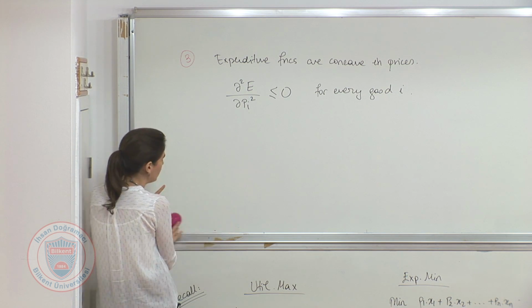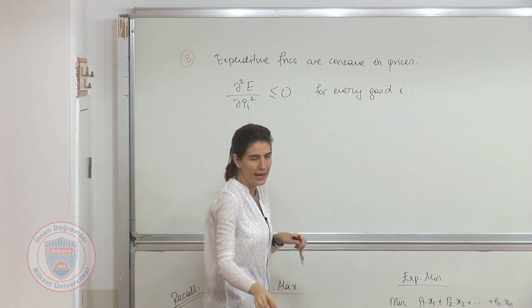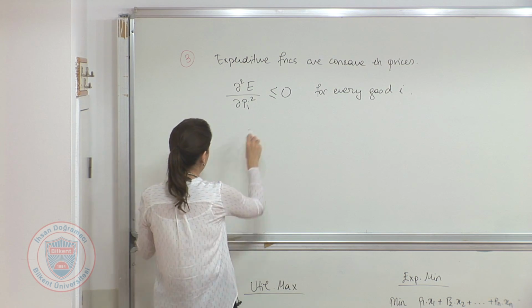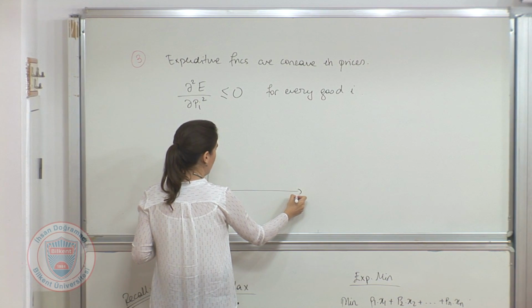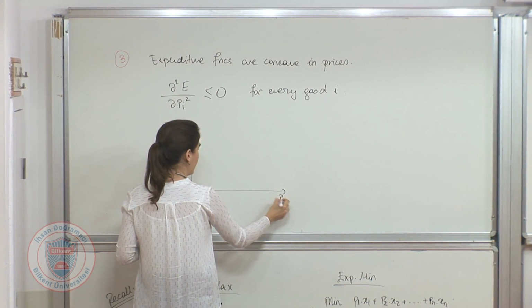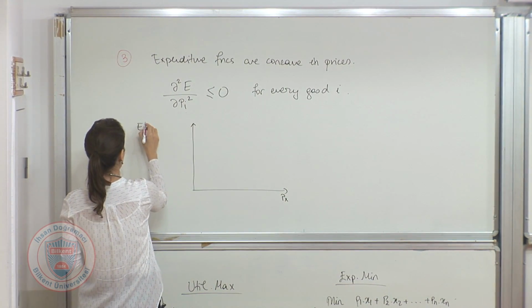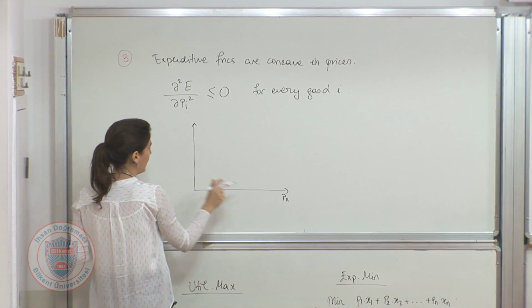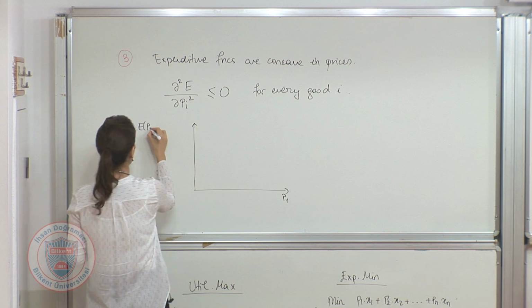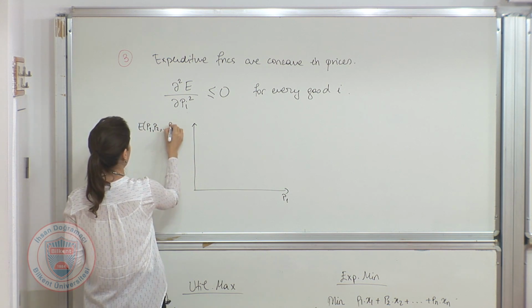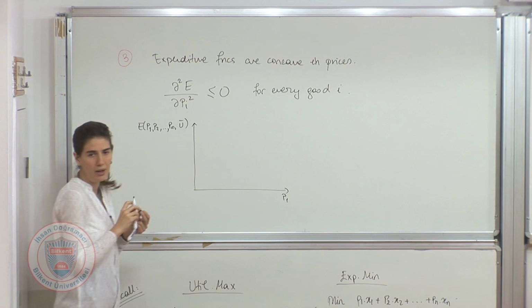Now, let me try to show you why this is the case. You guys help me. I'm going to draw this. I'm going to put here Px, the price of x, and here the expenditure, let's call it P1, P2, Pn, U bar, okay?